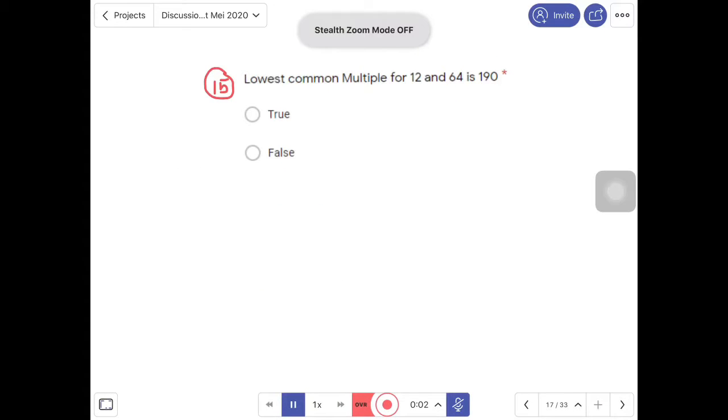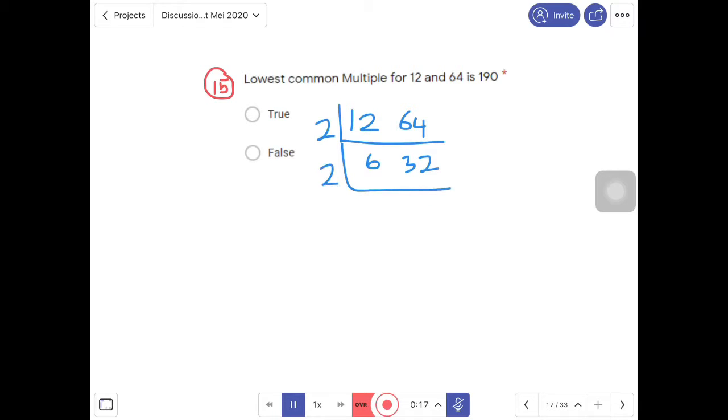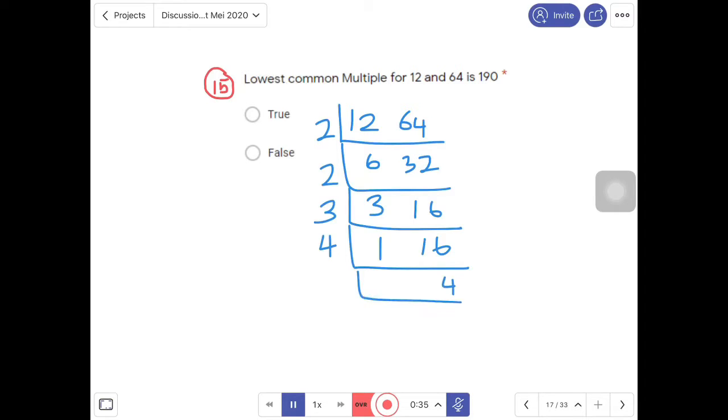Okay, here we just do the repeated division to determine the LCM for 12 and 64. So divide 2 here, and then divide 2 again, and then we divide 3 is 1, and then we divide 4, divide 4.